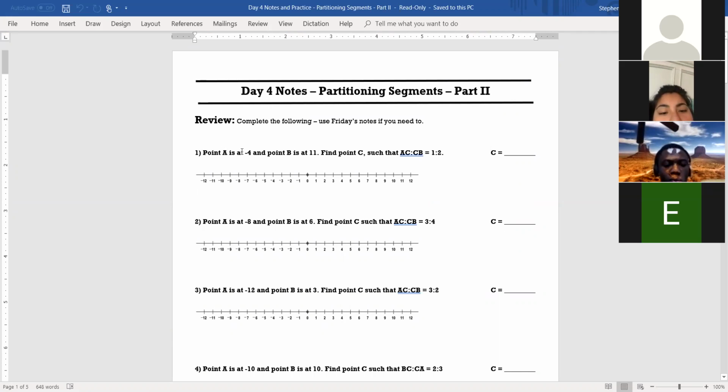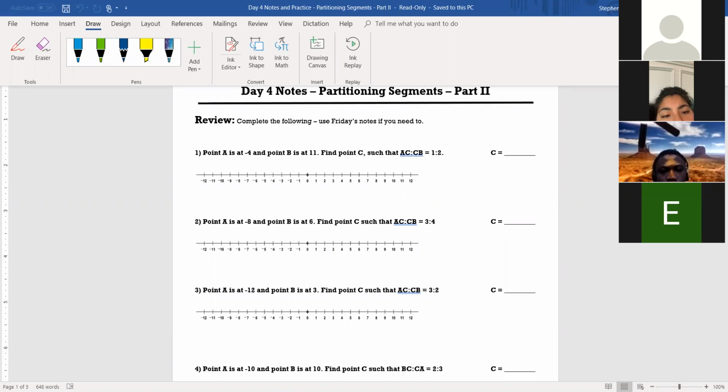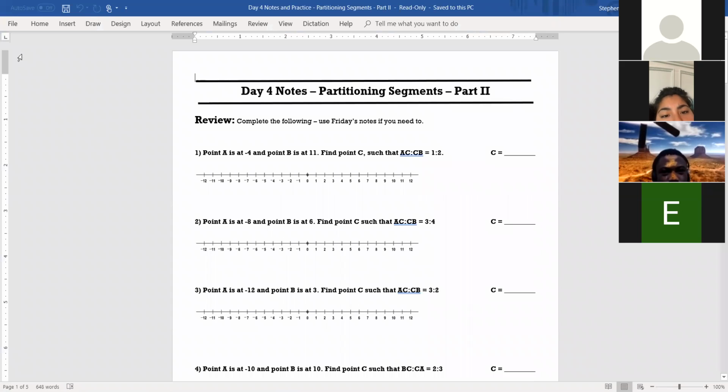Point A is at -4 and point B is at 11. We got 11. And we got -4. And we're trying to find out where point C is to give us a 1-to-2 ratio.